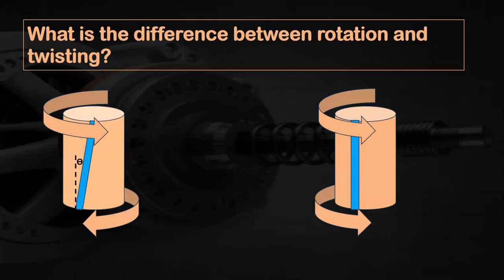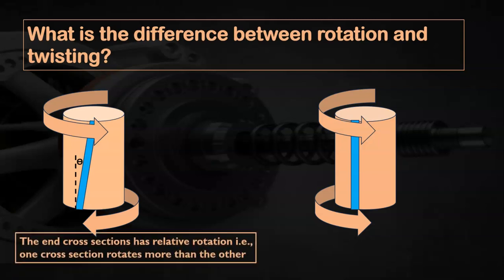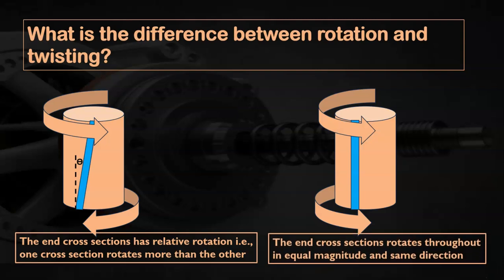If you look at the left cylinder where torque is applied, the end cross sections have relative rotation, that is, one cross section rotates more than the other. And if you look at the right cylinder where rotation occurs, you can see that the end cross sections rotate throughout in equal magnitude and the same direction.